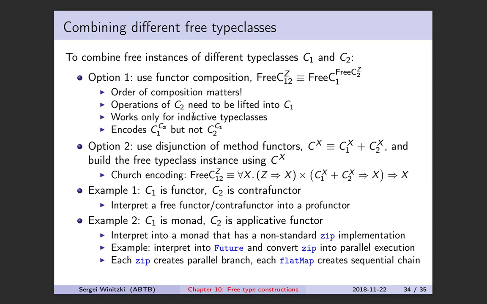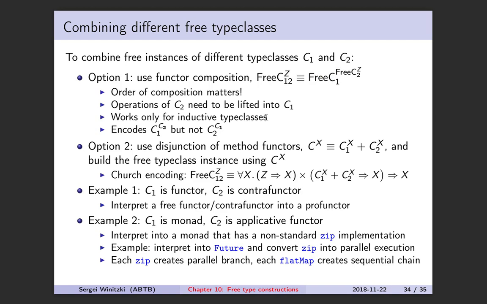So I would not be able to encode this order of nesting. I must always encode this order of nesting. And of course, all the operations that I want to execute in C2 need to be lifted through the functor C1. I can do it because it's a functor, as we have seen.